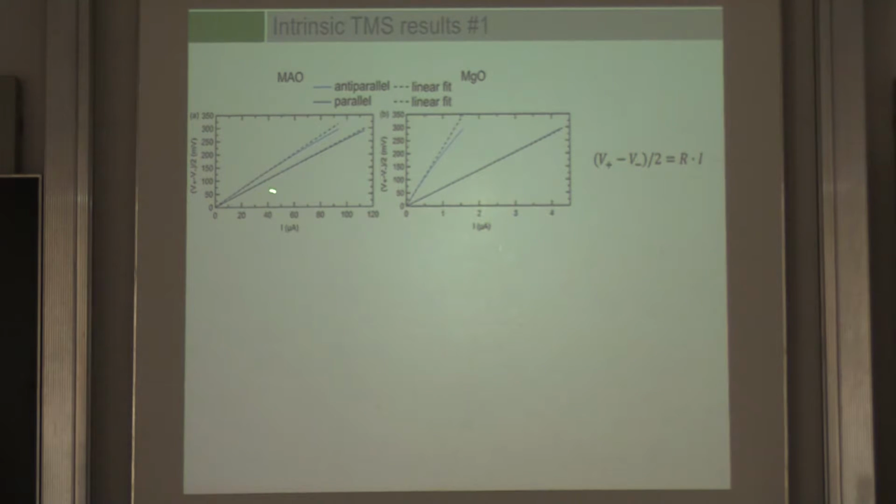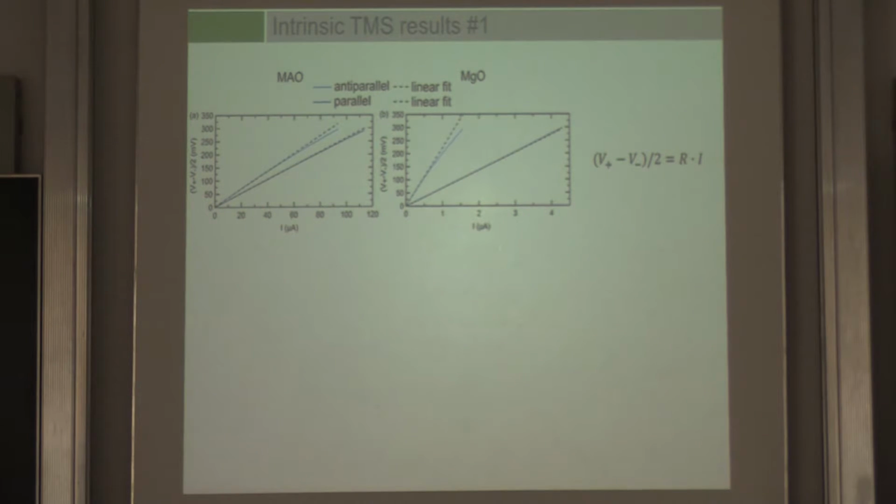So on the left-hand side is the MAO MTJ, on the right-hand side the MgO MTJ. And as you can see, the measured blue curves are parallel and antiparallel. In this case, the asymmetric contribution, and this is at high currents, is deviating from the expected linear behavior.